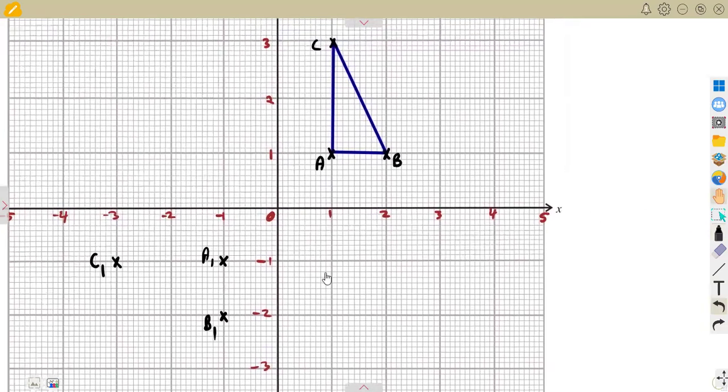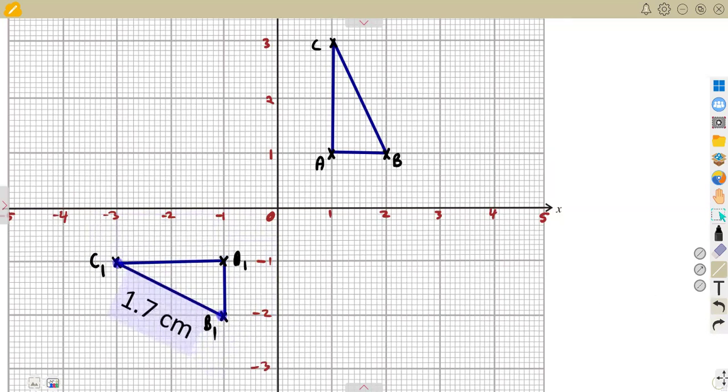So these are the coordinates that we are having on the image. We are going to join just like previously, A1 to B1, the same way, this side and also this side.